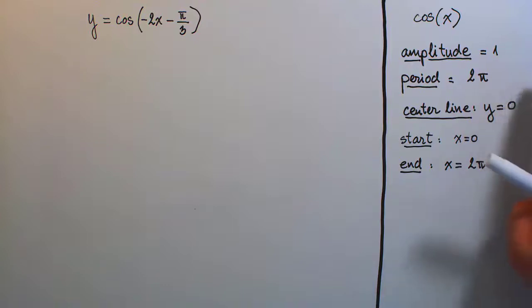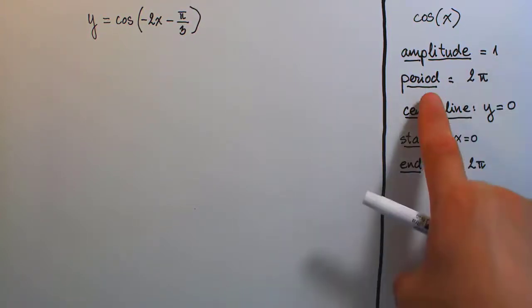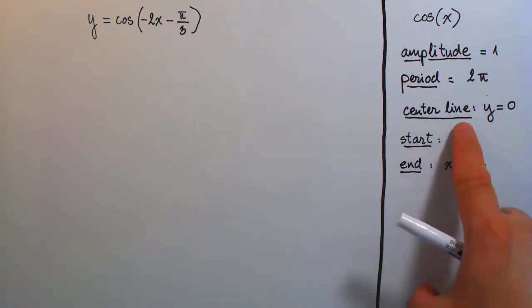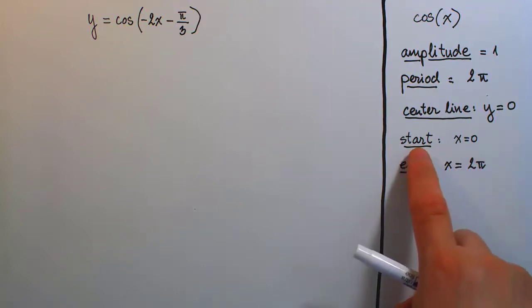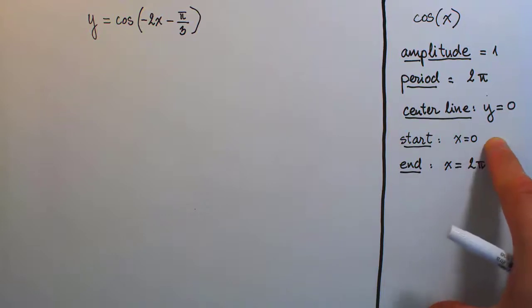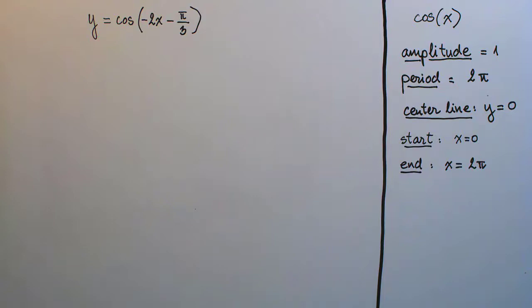The amplitude of ordinary cosine equals 1. The period equals 2 pi. The center line is at y equals 0. The start of the base unit is at x equals 0, and the end of the base unit is at 2 pi.